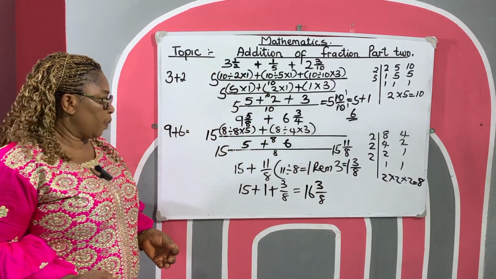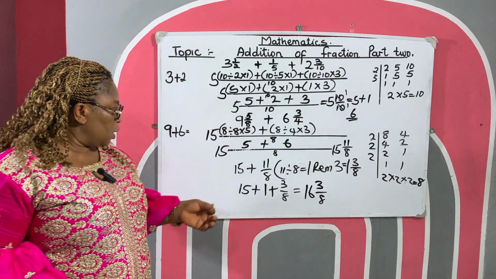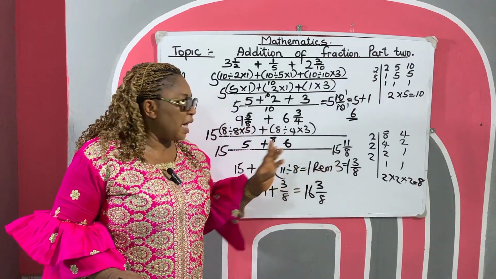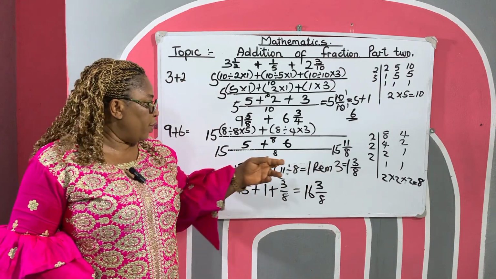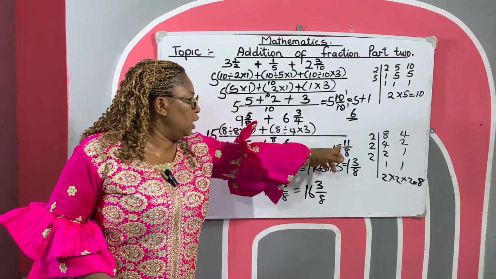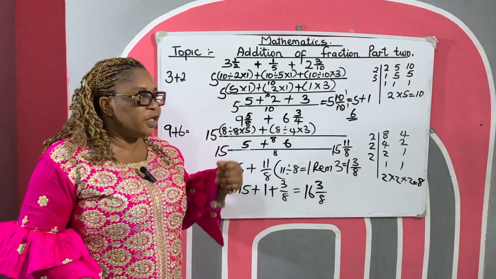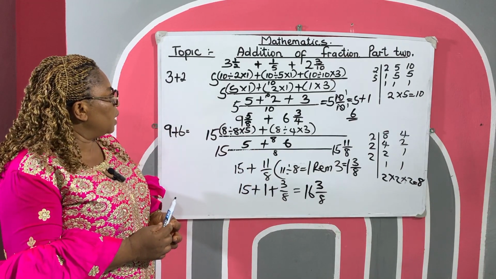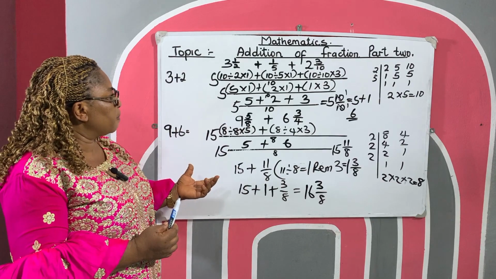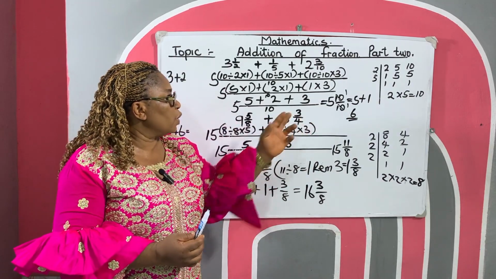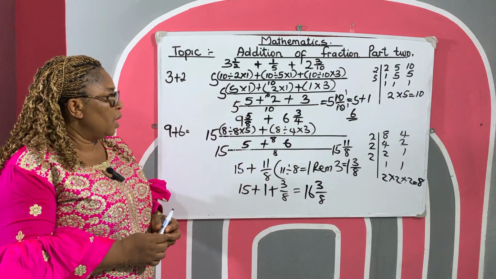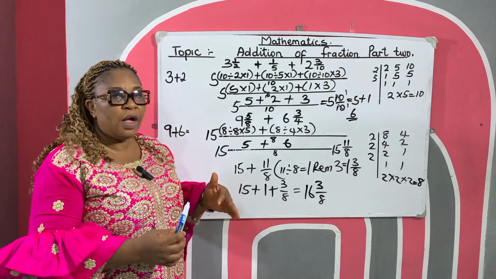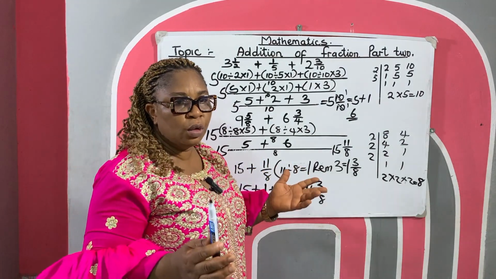Can you see it now? Because some children will get to this point and leave the answer like this. Very wrong. When you get to this point, you must change this to mixed fraction and add it to the whole number. When you get to this place, you are going to reduce it to their lowest term. And if it is whole number to whole number, you add the whole number.